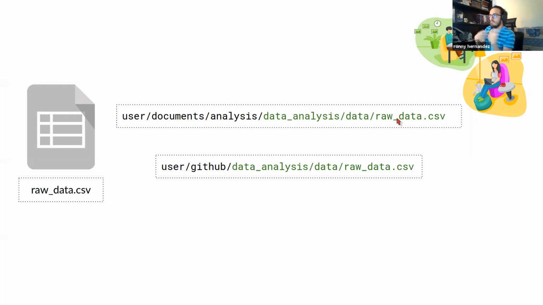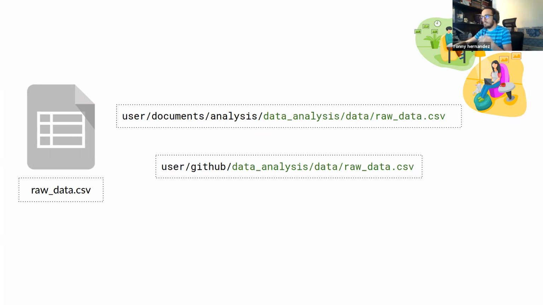So if we both have this folder, and we don't care about where you organize the data analysis folder in your computer, we can have a point in common between the persons that are collaborating in a project, and all the code is going to work for both of us.